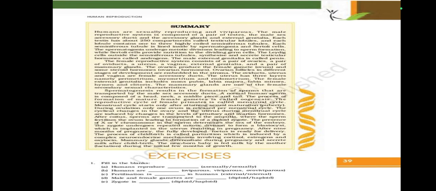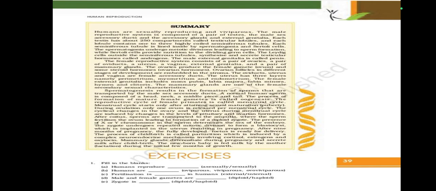Each seminiferous tubule is lined inside by spermatogonia and Sertoli cells. The spermatogonia undergo meiotic divisions leading to sperm formation, while Sertoli cells provide nutrition to the dividing germ cells.